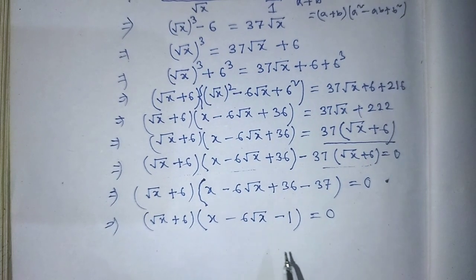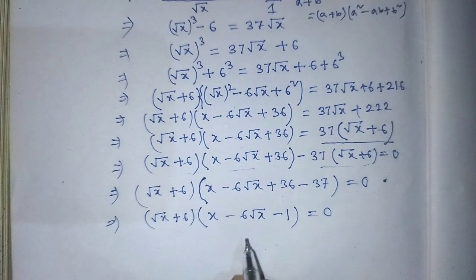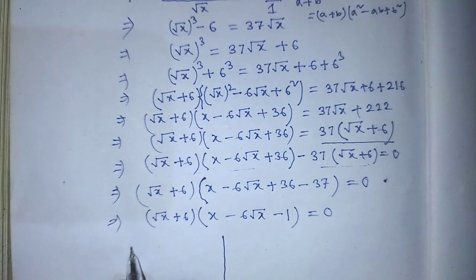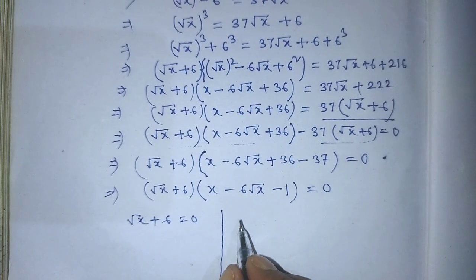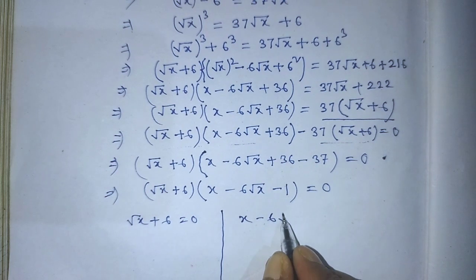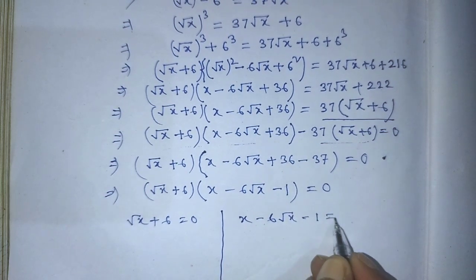After applying the zero product rule, we can write from this algebraic equation root x plus 6 is equal to 0, and our second equation will be x minus 6 root x minus 1 is equal to 0.